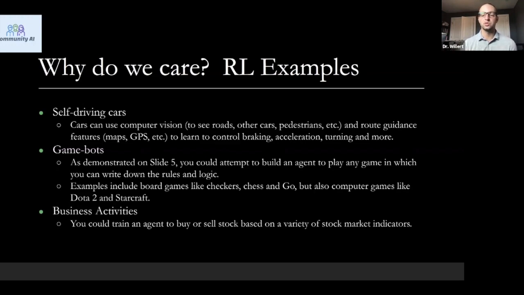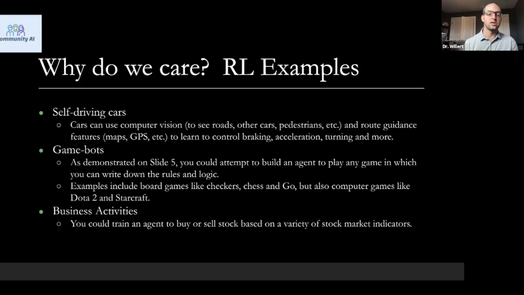And it can also use its route guidance features, so maps and GPS, things like that, to learn to control braking, acceleration, turning, and what choices it should make in terms of what route to take. Reinforcement learning is one of the ways in which we can train self-driving cars to work, to avoid obstacles and get people to their location safely.